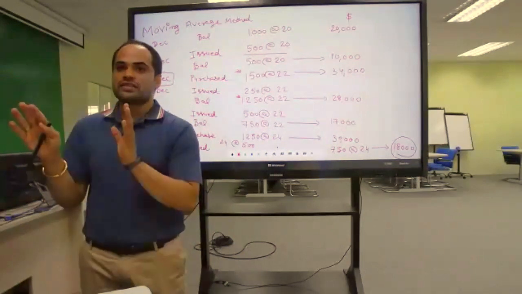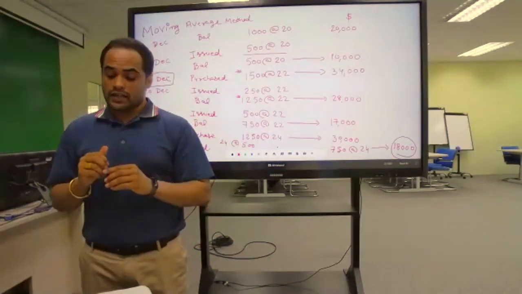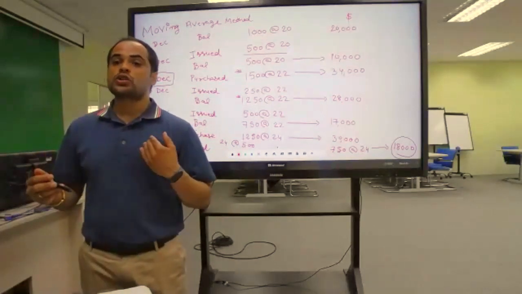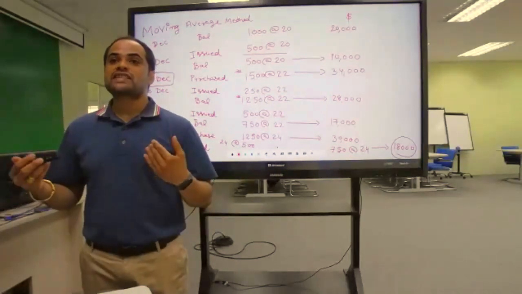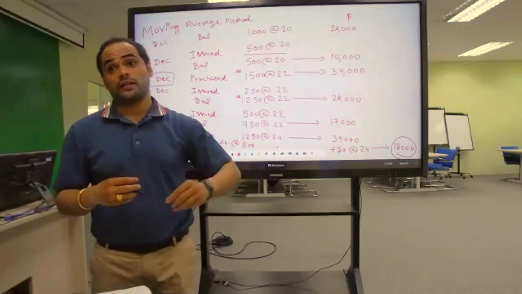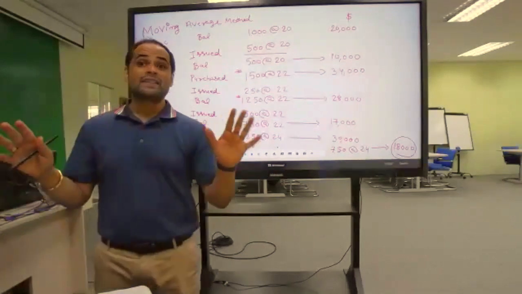So that's the difference. According to moving average, it's 18, and according to first in, first out, it's 19. So it depends upon you.